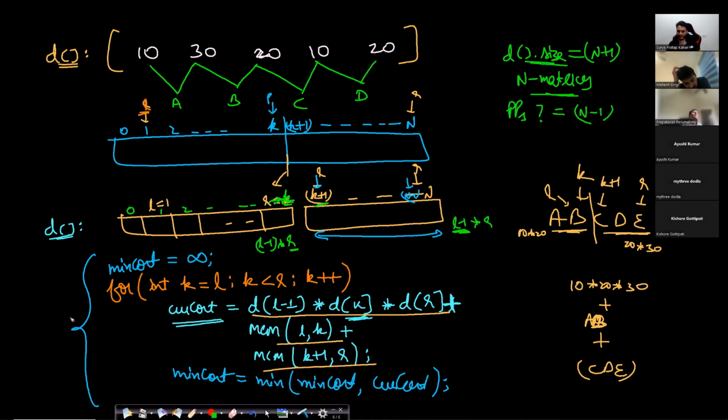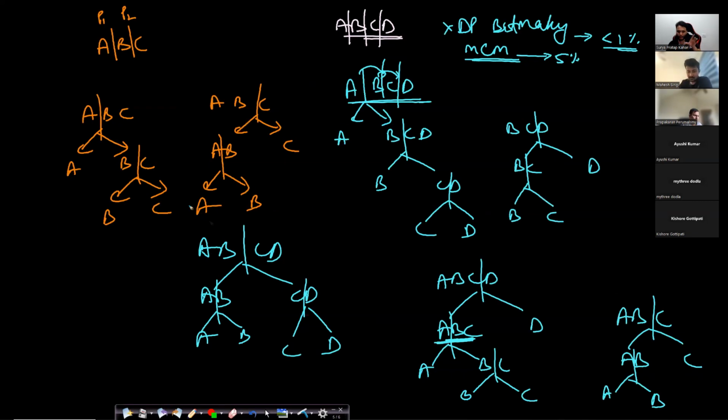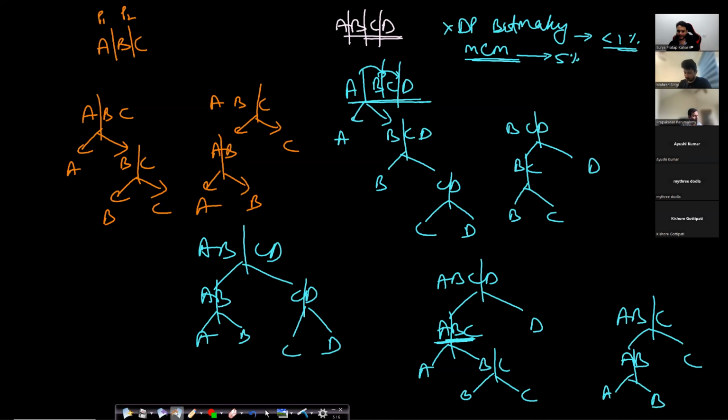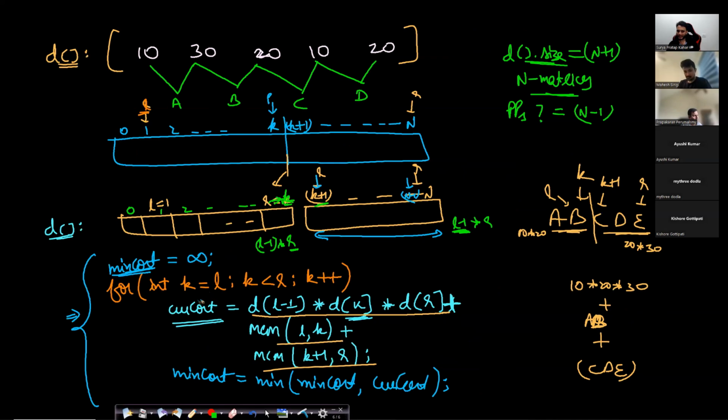So are you guys clear with why we take minimum cost? Because out of all possible trees, I want to take the one with minimum cost, and I don't know which one will give me minimum cost. So I'll try to calculate every one of them. I'm trying every partition point at every level. That's why I took minimum cost, and I'm trying out every possible partition point using this code.